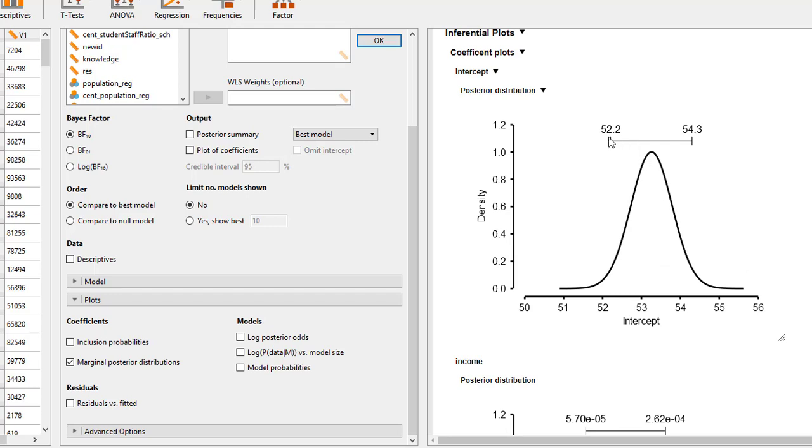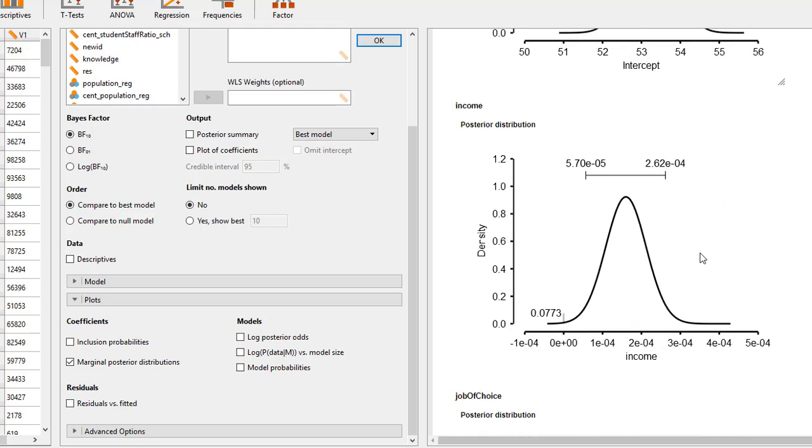So basically this gives us the 95% credible interval of this distribution, so between 52.2 and 54.3 is our estimate of the intercept, and here it's income, 5.7e-5 in scientific notation to 2.6e-4 in scientific notation.